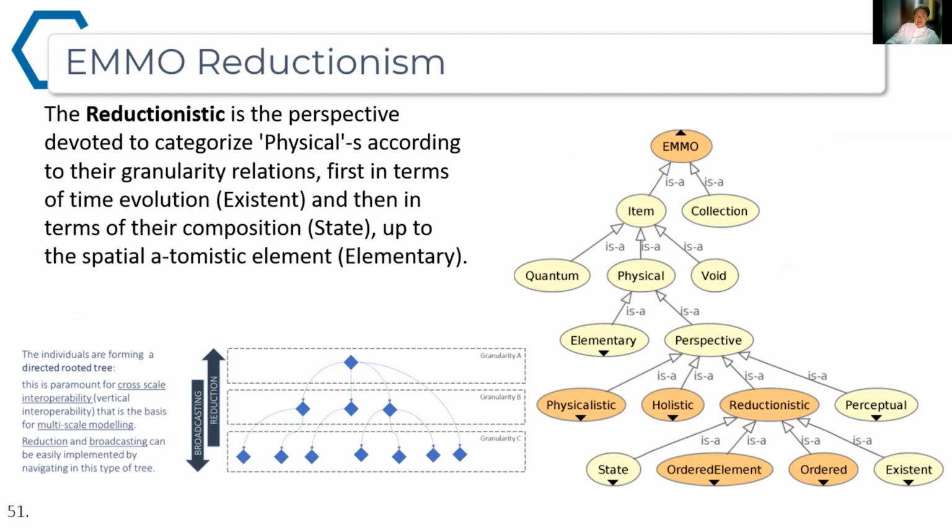The reductionistic branch is a perspective in which you can generate a hierarchy of granularity. So you can create a directly rooted tree of parthood in which you can represent materials, or devices, for example, according to different layers.